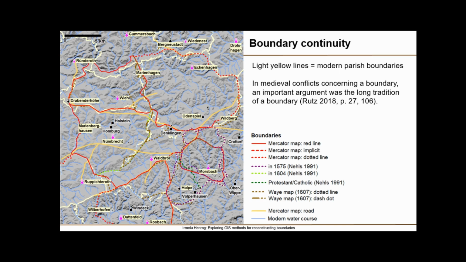So there is a lot of boundary continuity in this part, and often the boundaries coincide with old paths. And those who know me know why I came to this studies.